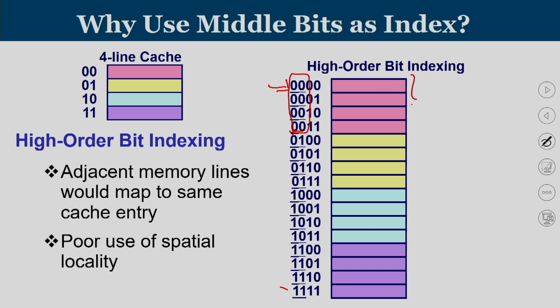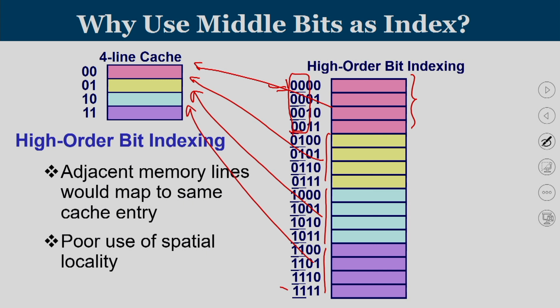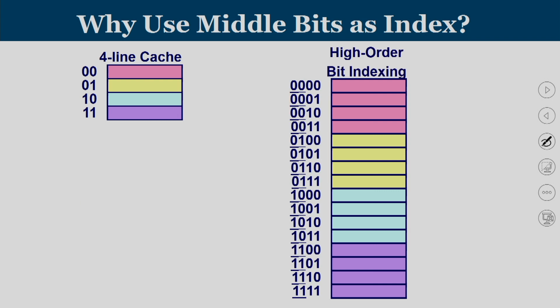So they all will map to the same block in cache memory, whereas this one will map to this block in cache memory, this one to the next, and this one to the other one. So when you have 4 cache blocks, it is these 2 bits that govern where a block should be mapped. So adjacent blocks are mapped to the same one. That means we are not making use of spatial locality. This is what is called higher order bit addressing.